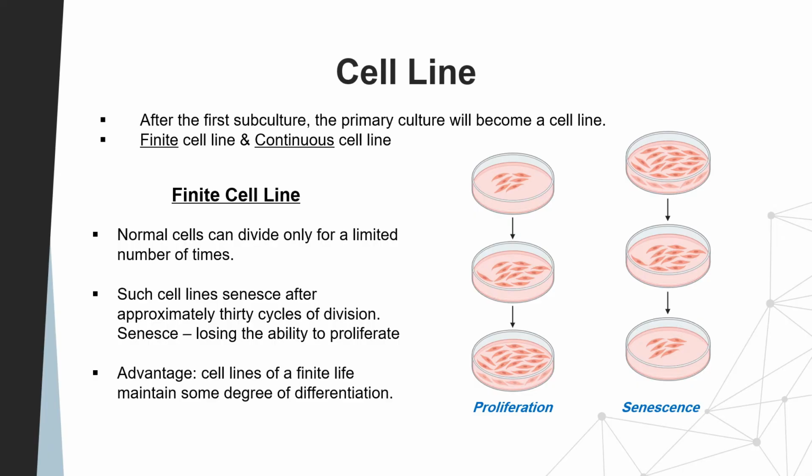So finite cell lines have a very finite lifespan in culture, because you can only use them for a certain period of time in your research. Once they undergo death or senescence, you basically have to thaw out another cell line and continue with experiments. So this is the finite cell line.